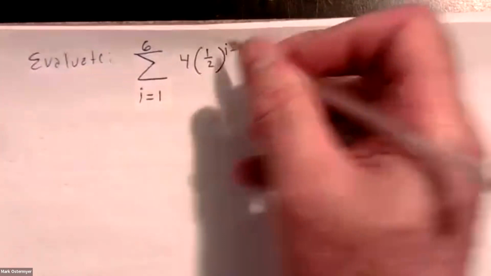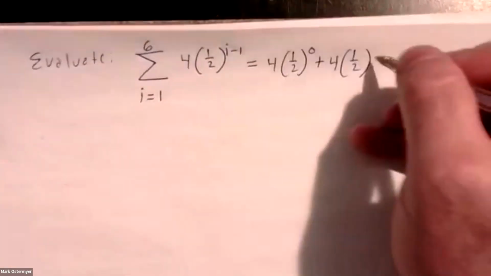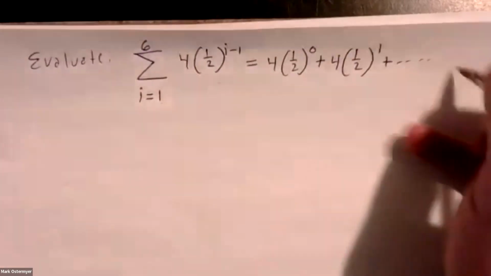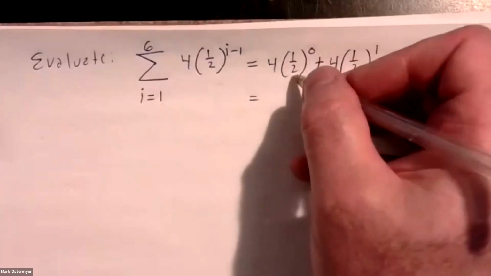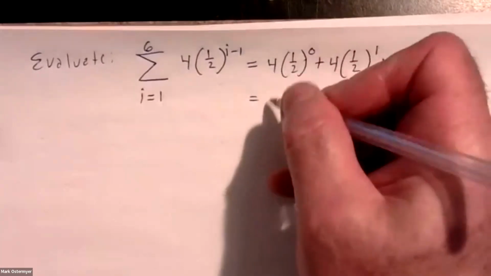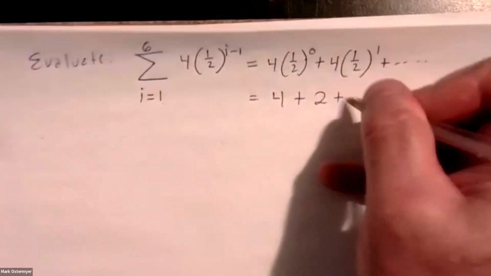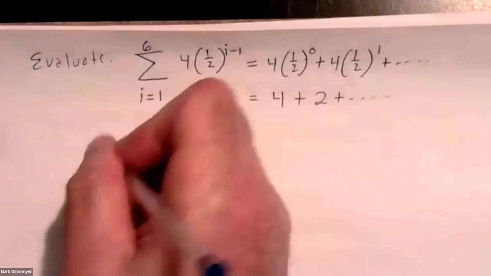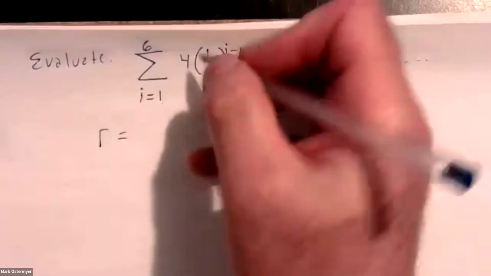Then i becomes 2, in which case I'll have 4 times 1/2 raised to the 2 minus 1 power or first power. On and on this goes. The first term, 4 times 1/2 to the 0th power is 4 times 1, which is 4. 4 times 1/2 is 2, and on this goes. You know, the common ratio is actually staring at us in the summation notation. It happens to be 1/2.